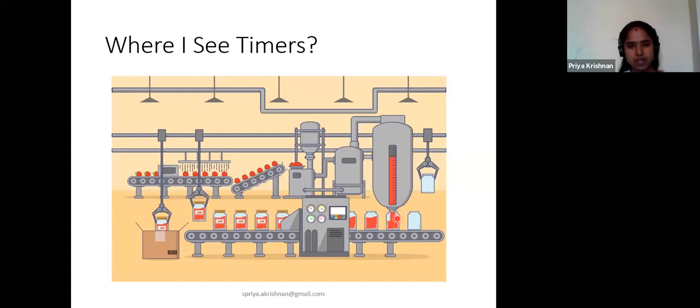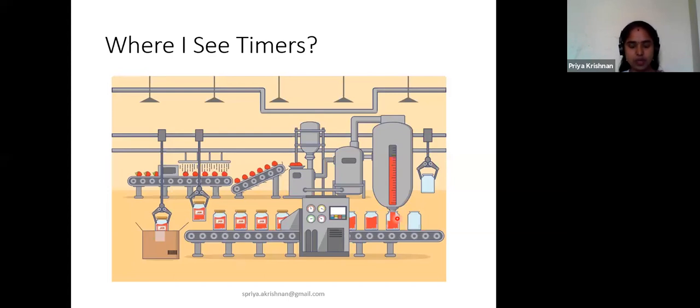Apart from that, in our home, where can we see a timer? Can we see a timer in the geyser, for the heater to heat your water? Yes, correct. When we switch on the geyser, it will be on for a particular time, and once the water is hot, the heater automatically goes to the off state.